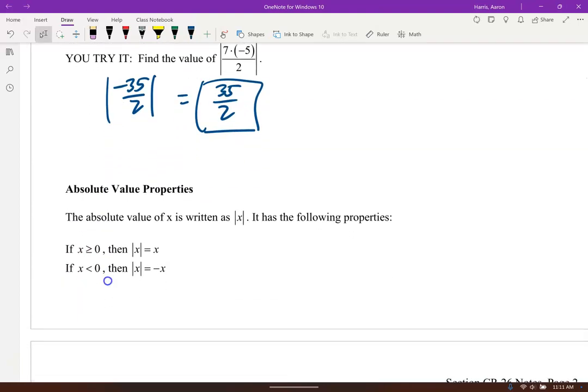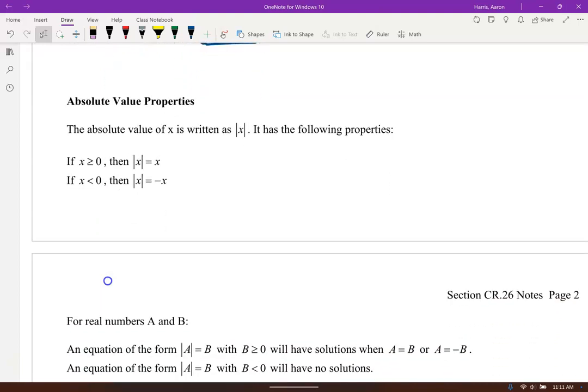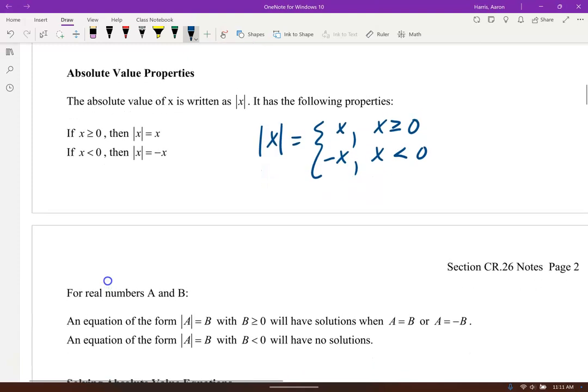Now the algebraic definition of absolute value. So you'll also see it written like this: the absolute value of x is just x as long as x is greater than or equal to 0, or it's the opposite of x if x is less than 0. Right? So for example, if you're taking the absolute value of 3, we know it's just itself because 3 is greater than or equal to 0, right? So the absolute value of 3 is just 3.